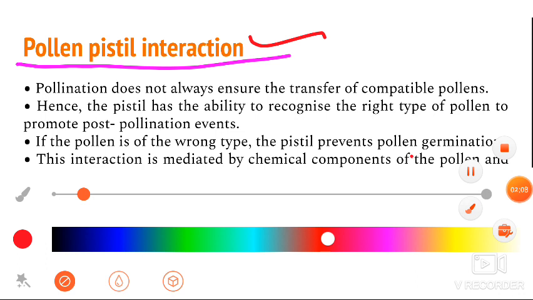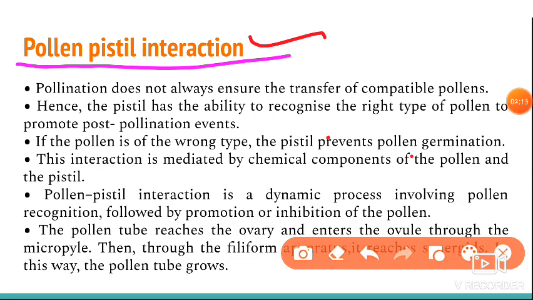And in case of pollen pistil interaction, what is going to happen? Usually a series of events take place in pollen pistil interaction. And for what purpose is this pollen pistil interaction? In case of pollination, the pollen grains from the anther are transferred to the stigma. Okay, that is the condition. And the stigma should accept that particular pollen grain.